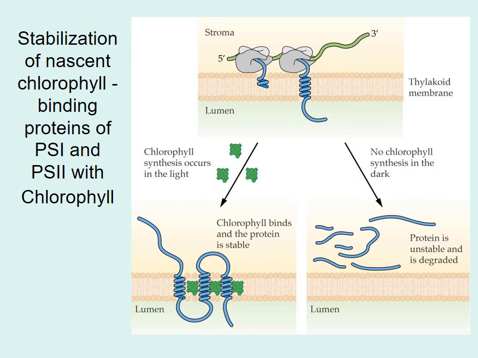And when there is no chlorophyll synthesis due to the absence of light, the proteins, if synthesized, will remain unstable and will be degraded. So light is important for stabilization of the nascent chlorophyll binding proteins of PS1 and PS2 with the chlorophyll, as we have understood from this.